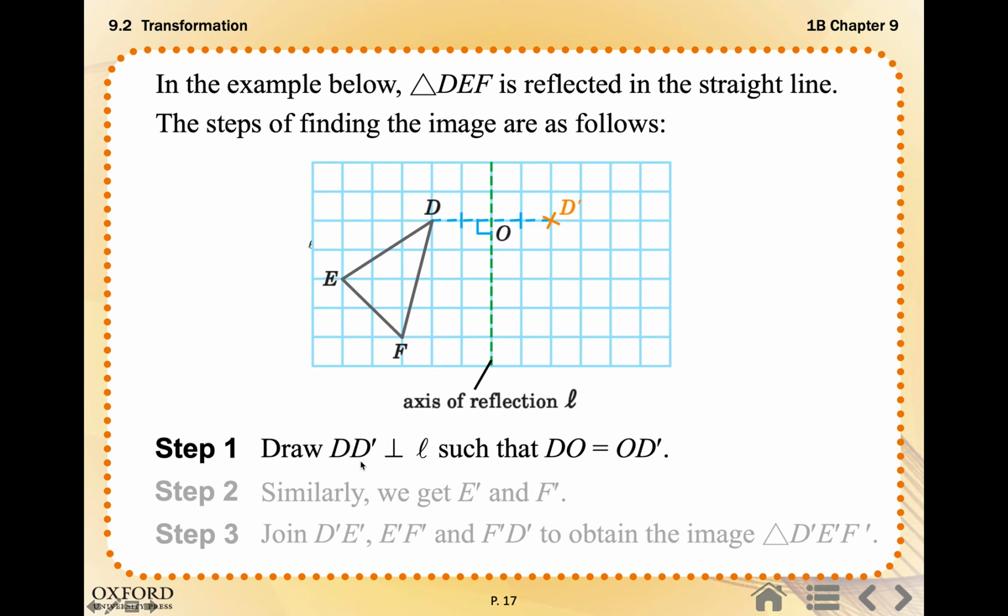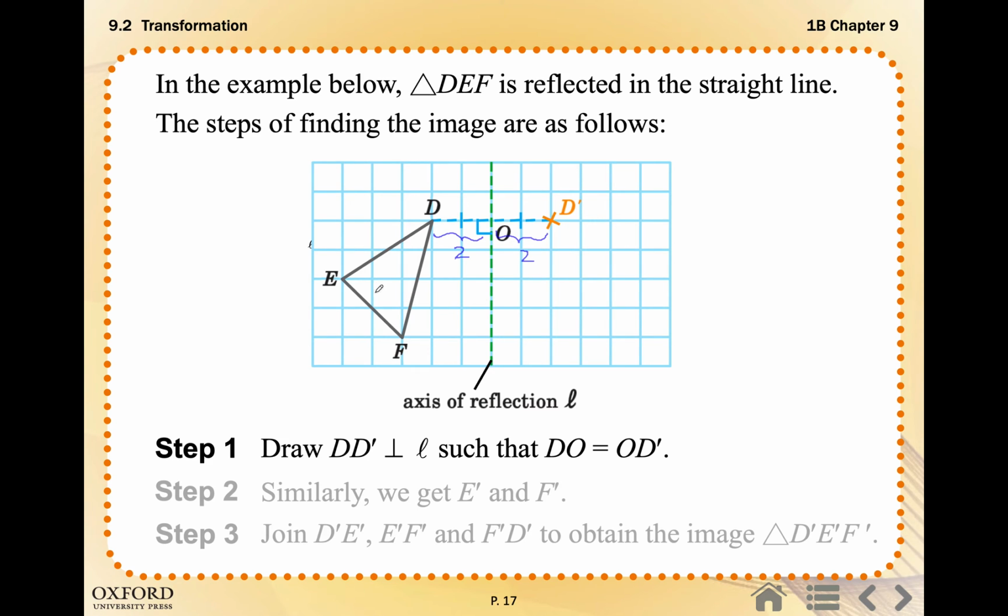Draw D dash, the image of D, perpendicular to L. I may call this point O. We always count the distance here. The distance here is 2 units, and then move a further 2 units. Then that is the new position of point D after the refraction, and I call this point D dash, the image of D after the refraction.